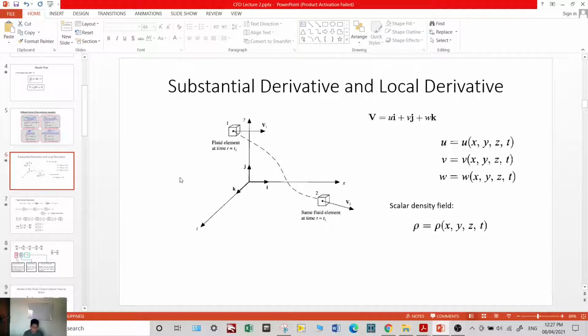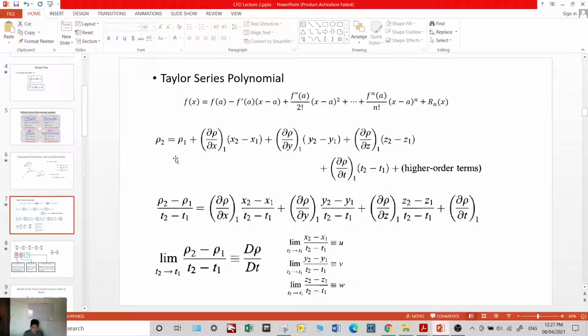Okay, so sa pag-travel aning fluid element, mo-change na niya ang density. For example, kung density atong pangitaon, no? As it follows the kaninga path niya, mag-change na niya ang density. Nang change sa iyang density, you can get that by this one, no?